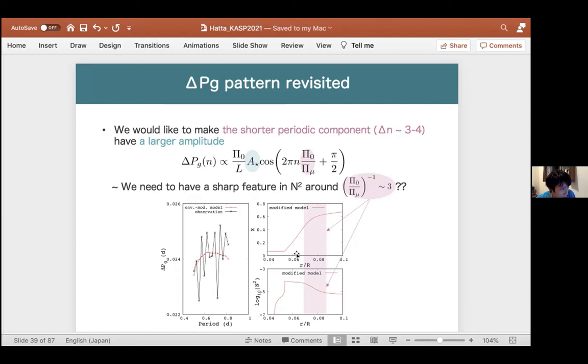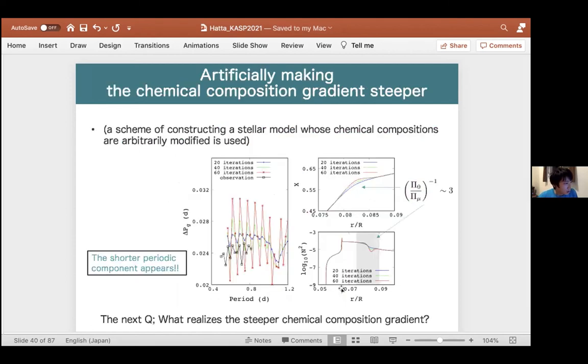Okay, and here is the Brunt-Väisälä frequency, and here is the hydrogen abundance profile for the model. So actually, we can artificially make the chemical composition gradient steeper around that region by using the scheme that we have used in non-standard modeling, because the scheme enables us to compute a stellar model whose chemical compositions are arbitrarily modified.